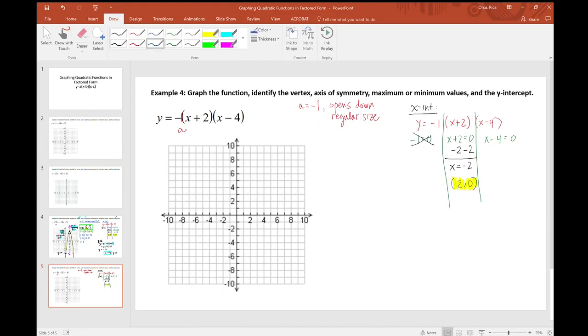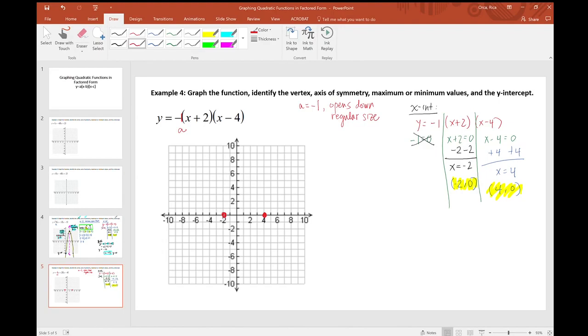For our third equation, we want to add 4 to both sides, and x will equal 4. So our second point is at 4, 0. Let's plot them. -2, 0, 4, 0.